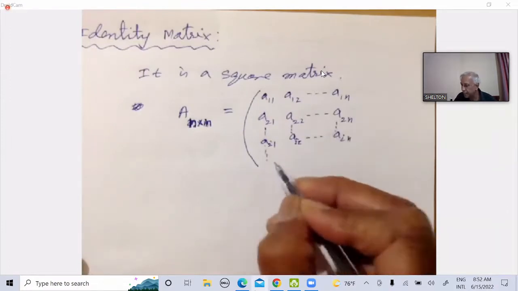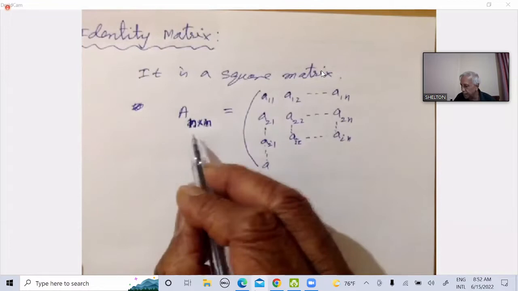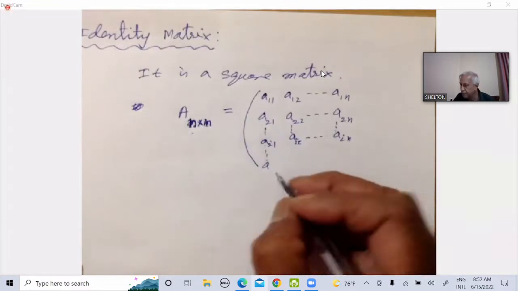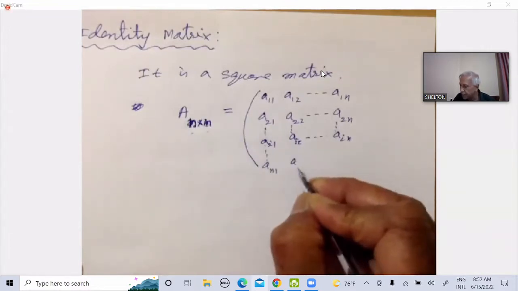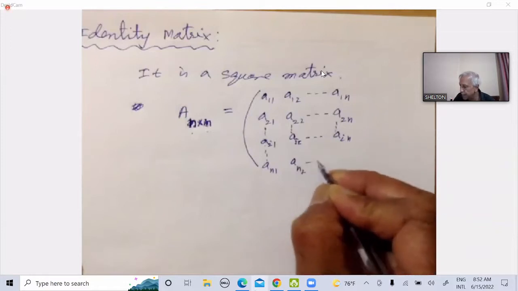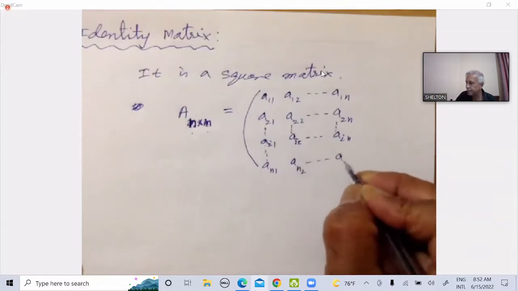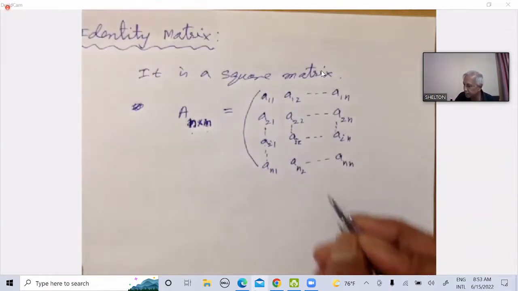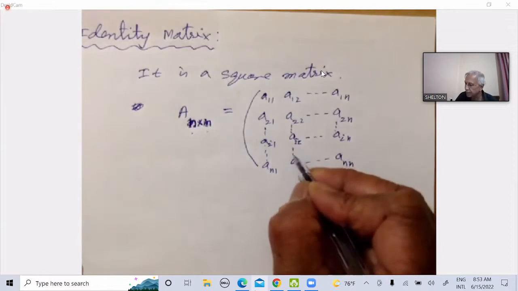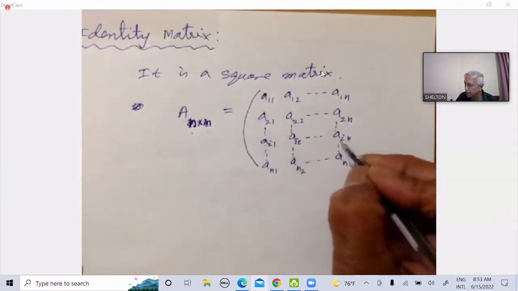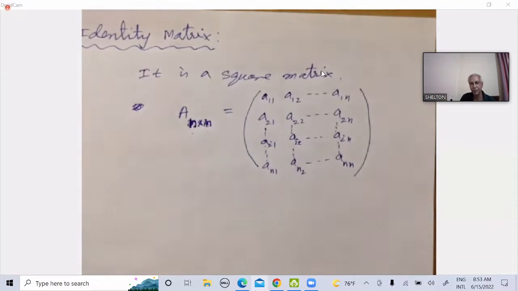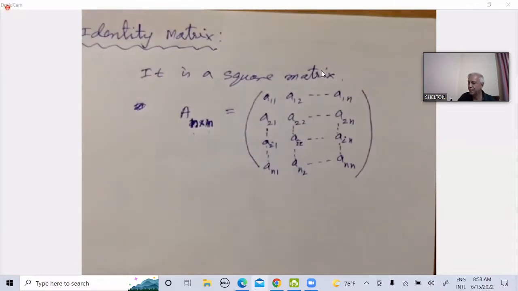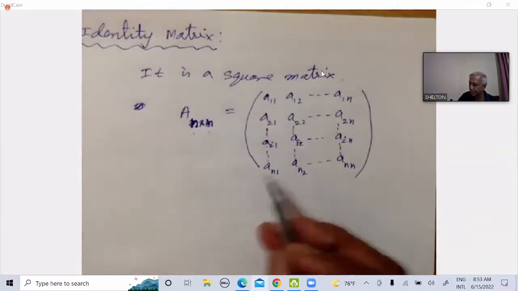And then the nth row: An1, An2, up to Ann. There are n rows and n columns. That is a general square matrix of order n.